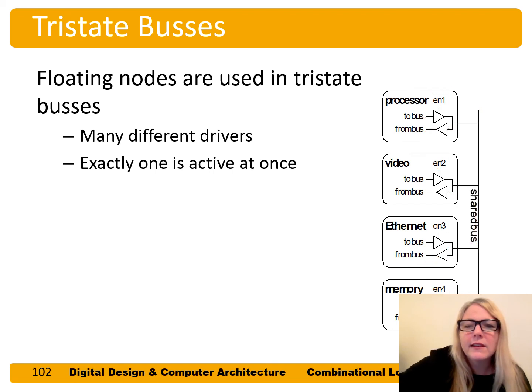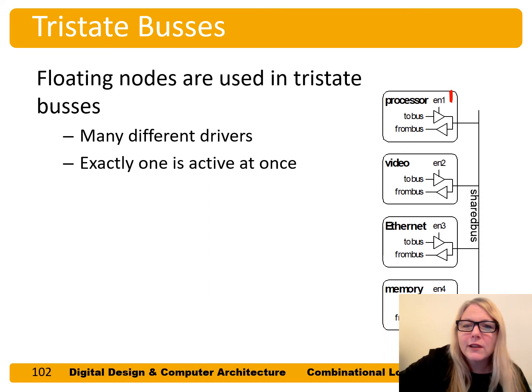All of these units are looking at the wires or the bus at any time, but we want only one driver. We don't want the processor to be trying to drive values onto the bus and the video card to be driving values onto this bus at the same time. Now we would have contention. So instead we can use tri-state buffers where only one unit is enabled to drive a value onto the bus at any given time.